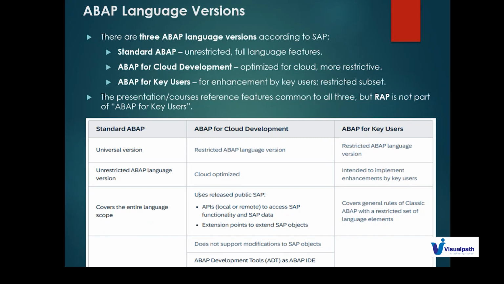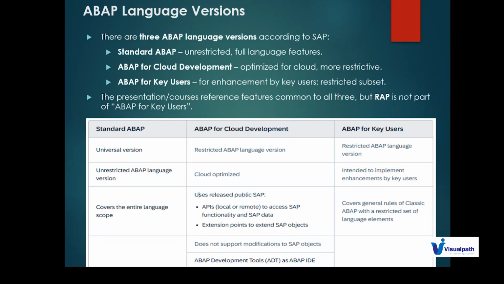cloud is more like an open-source kind of open place. It is not easy for each and every language to be available on cloud. So when ABAP was created for a cloud environment, it was a very tough task, and it was restricted. Many functionalities were restricted in the cloud version. But now, in RAP, it is quite easy to use.